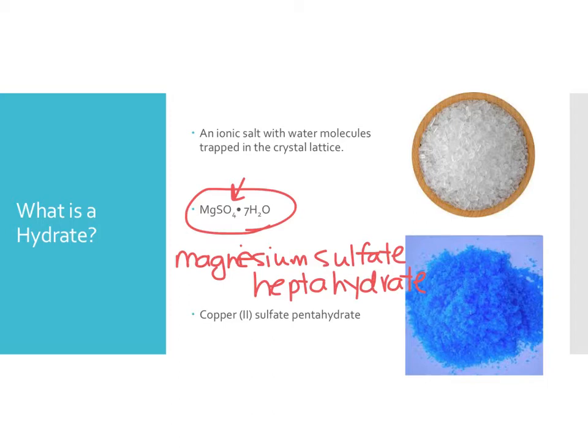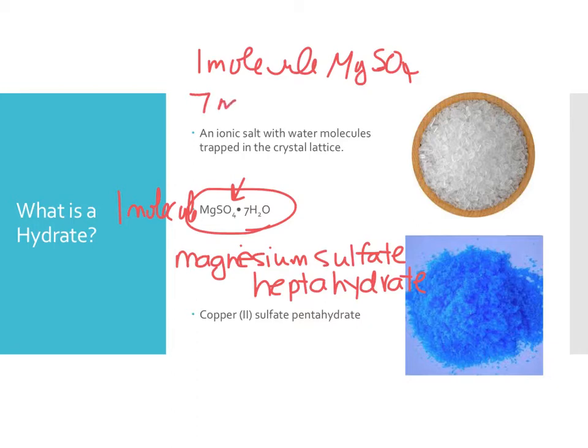So if I had 1 molecule of this hydrate, I would have 1 molecule of MgSO4, and I would have 7 molecules of water that are trapped in there.